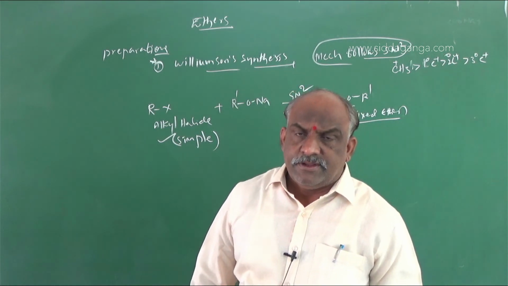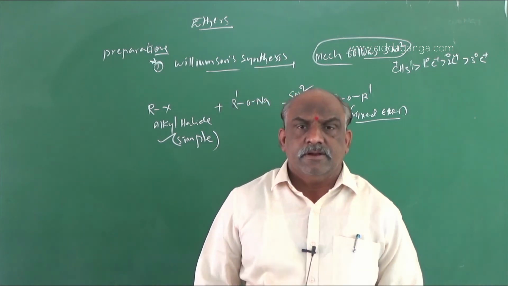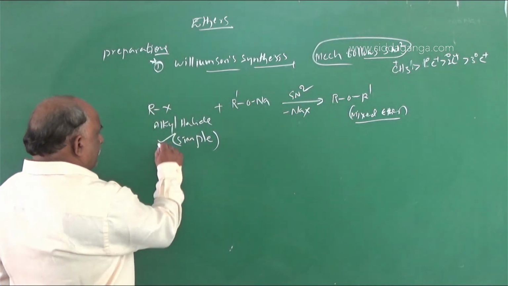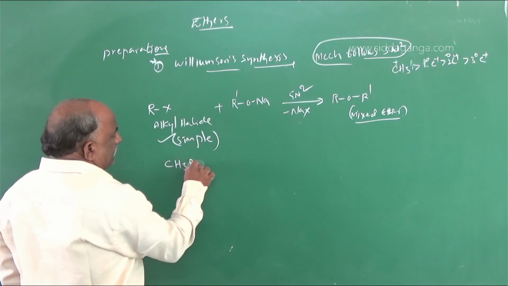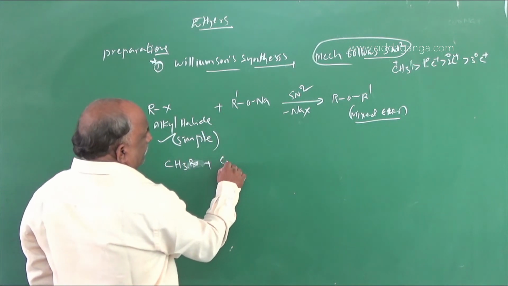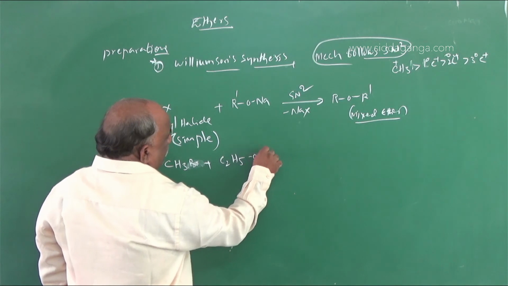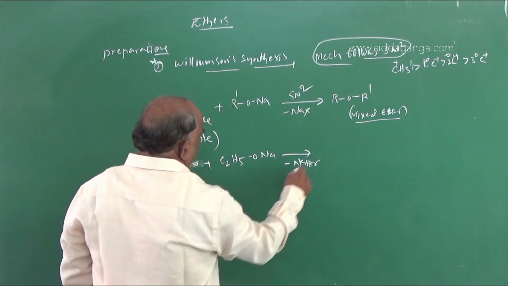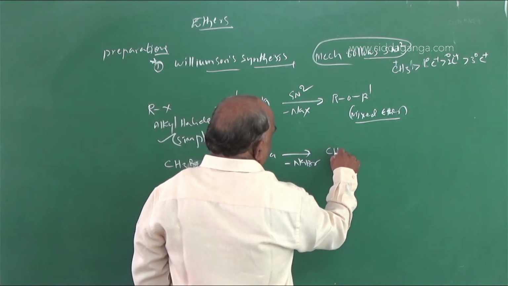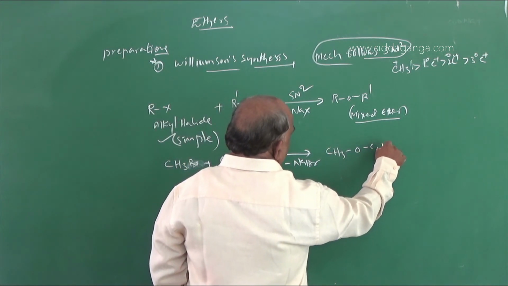Suppose we go with one simple example: CH3Cl or CH3Br plus C2H5ONa gives NaBr eliminated. The answer is CH3 single bond O single bond C2H5.